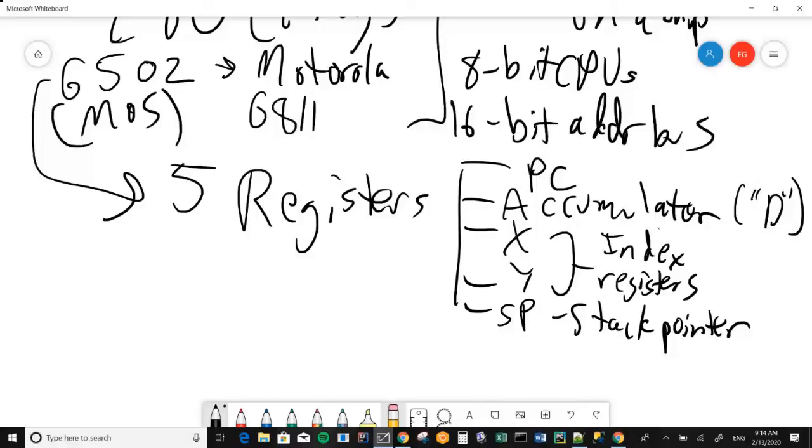So memory mapped input, you could actually plug a joystick straight into the Commodore 64. And then with memory mapped input, you could read how the joystick was positioned by doing a memory read. So then you could write code that based on which way you pushed the joystick determined how you updated the positional registers on the graphics card to affect motion of the sprite.